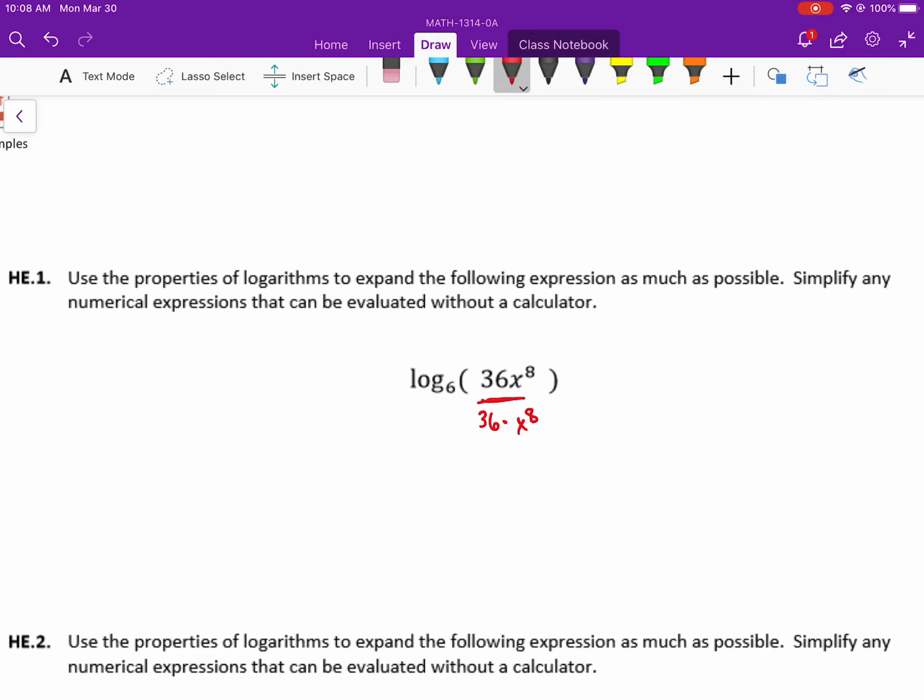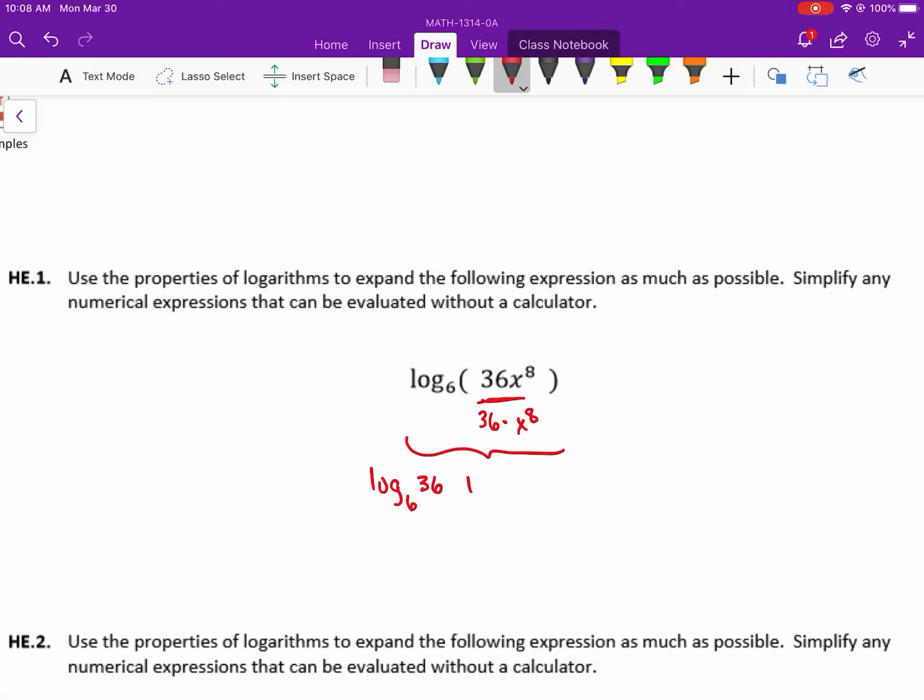So first thing I have to identify, what is that? Well, that's 36 times x to the 8th. So that's a product right there. I also happen to have an exponent there, which points to another one of my properties, the power property. So we have the product property and the power property. Let's use the product property first.